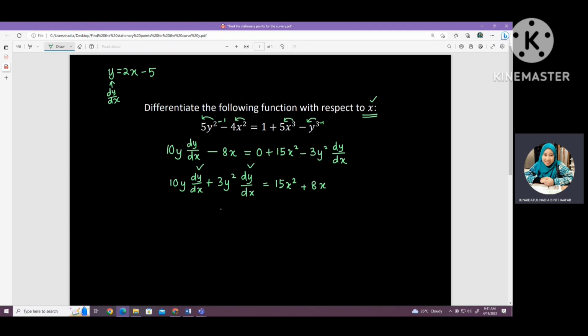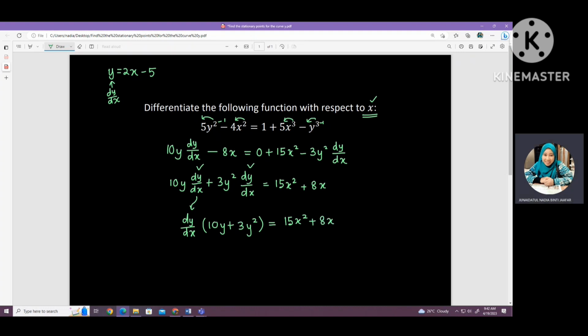So we take out dy/dx and write, then we only have 10y and then plus 3y squared, is equal to 15x squared plus 8x. This one we just write back.